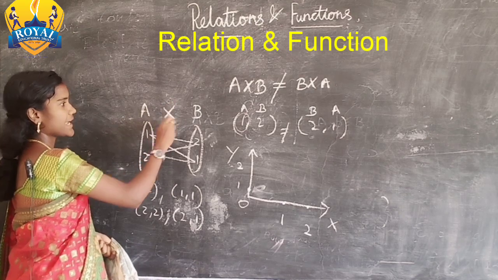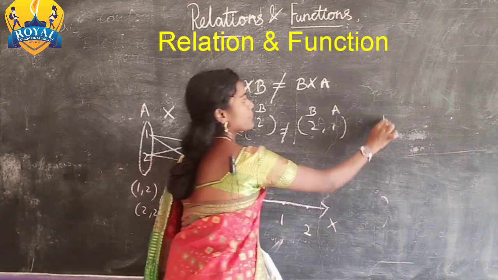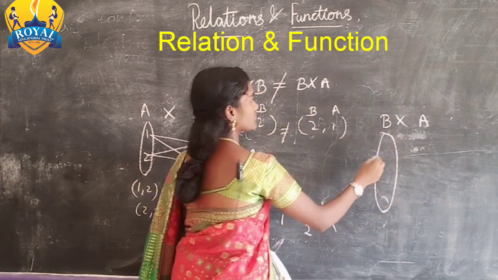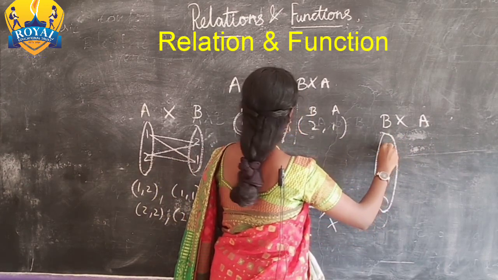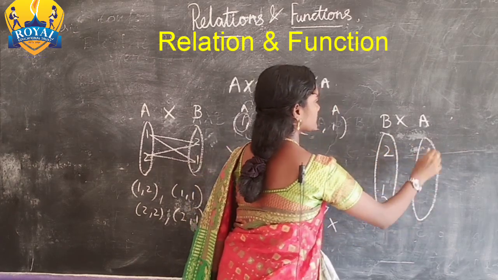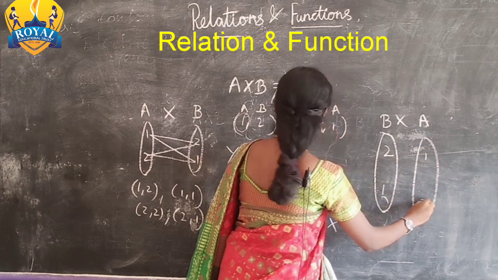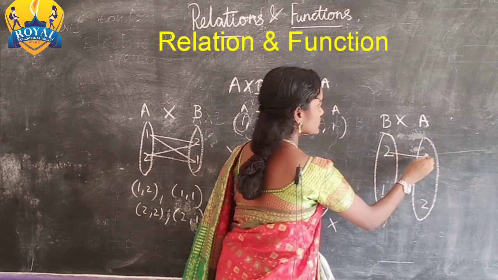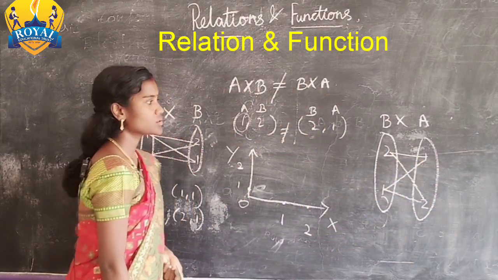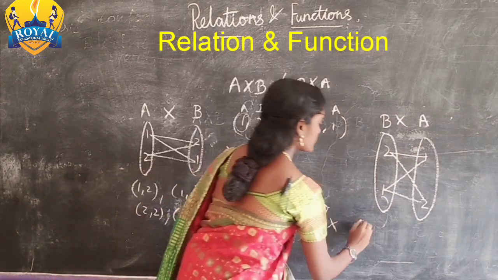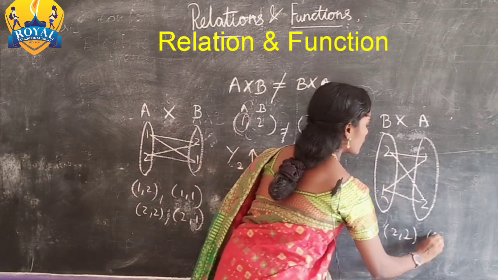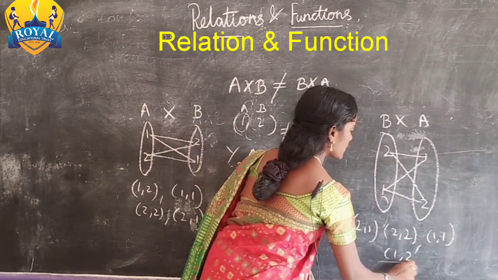This is A cross B. Then B cross A means (2, 1), (1, 2), (2, 2), (1, 1), so (2, 1), (2, 2), (1, 1), (1, 2).